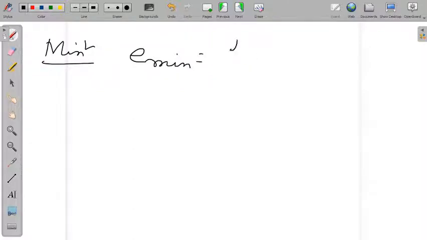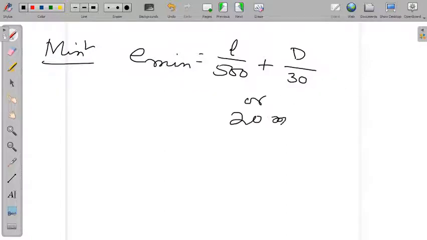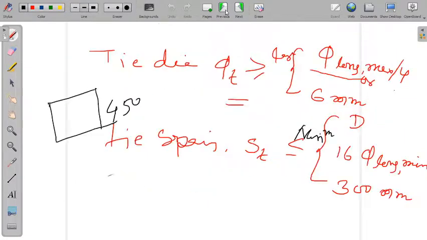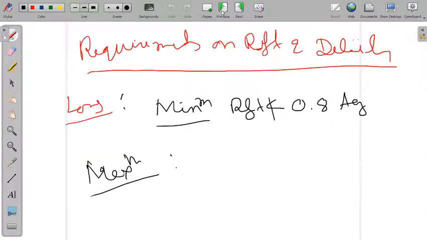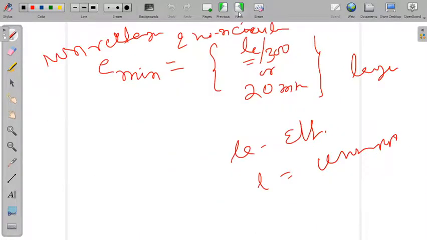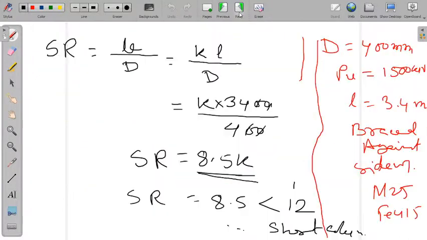That is equal to unsupported length divided by 500 plus lateral dimension divided by 30, or 20 mm, whichever is maximum. Just go back and check the guidelines that I have written. You will see I have written whichever is larger, so whichever is larger here we have to take.